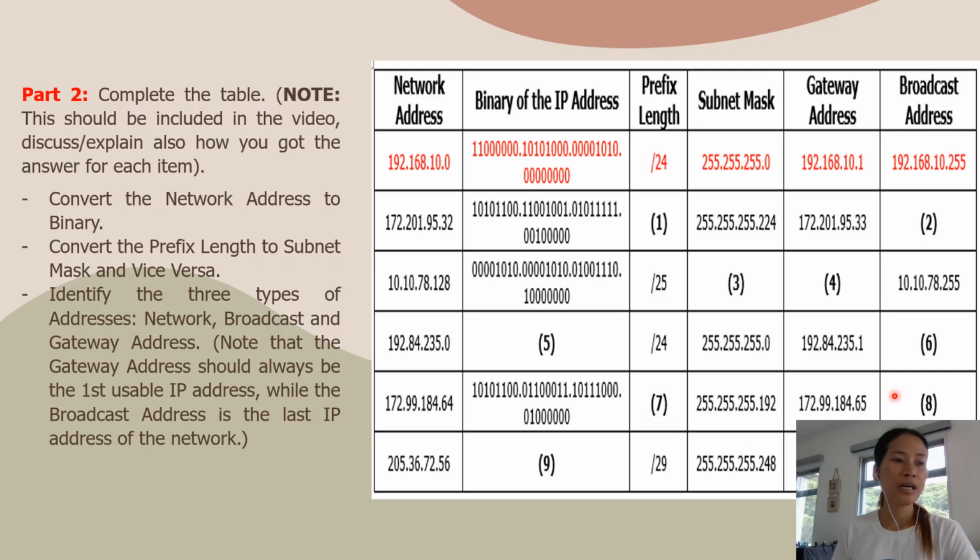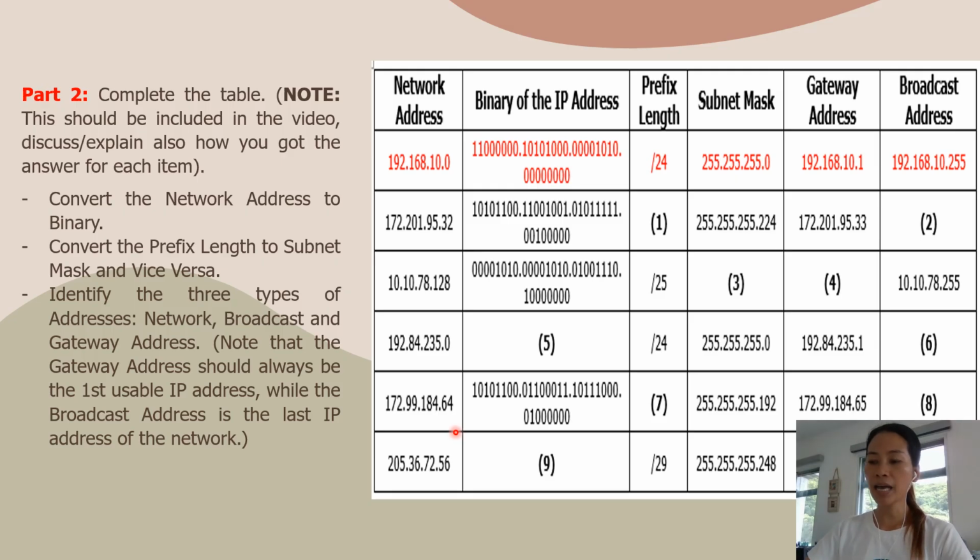Number 8 is find the broadcast address. So number 8, my answer is 172.99.184.127. So I did this last part, 192 minus 64. Okay, so 192 minus 64 equals 128.